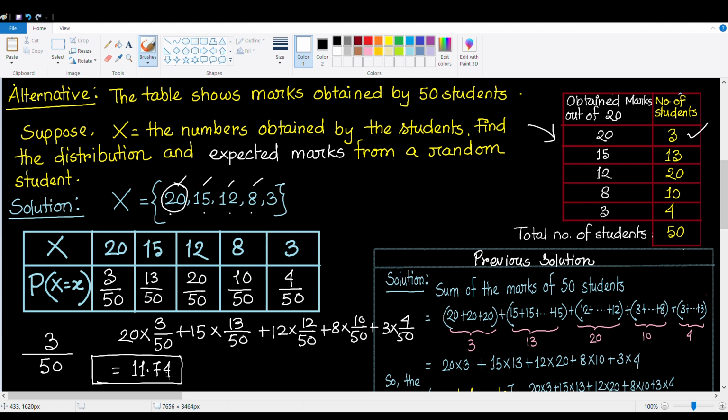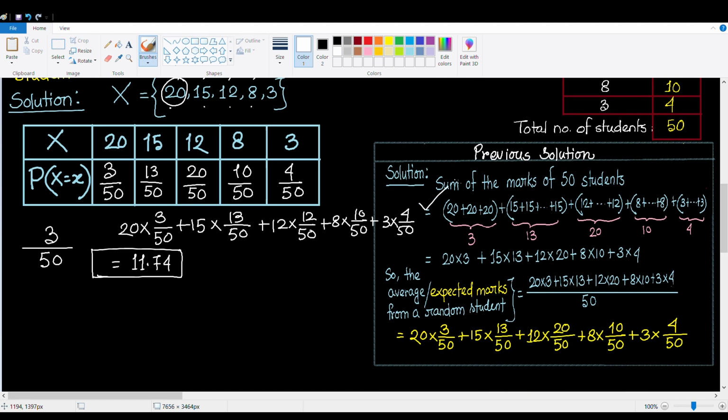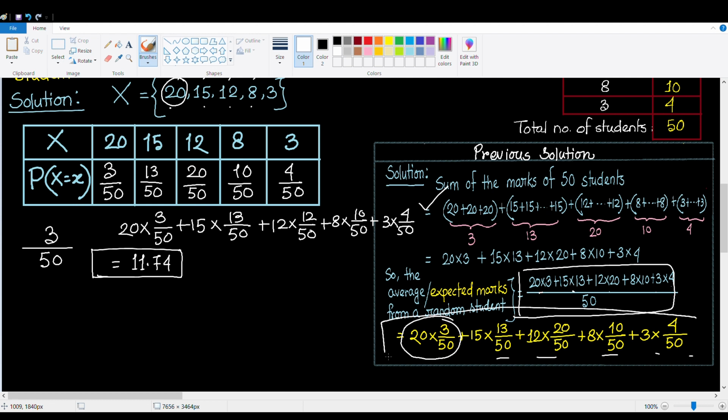How so? Let's see the previous form of the solution. This was the sum, and then finally we got the average of this form. And then if we distribute this denominator to each of these terms, we will get 20 times 3 by 50 plus 15 times 13 by 50 and so on. Okay, see, exactly the same form we got here.